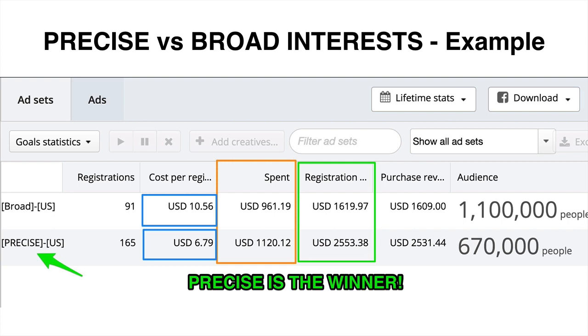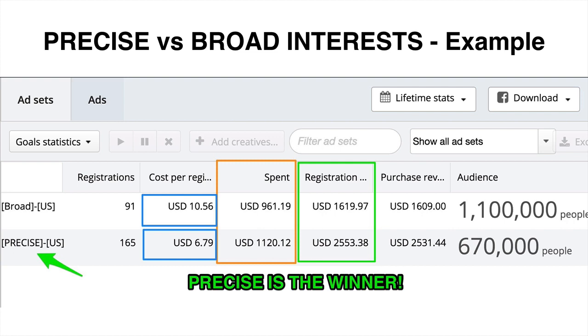Where it says registration in the green box, that's how much money I've made, okay? So I've spent $961 on the broad campaign, and I've made $1,600. So that leaves me with about $700 profit, okay? $700 profit. That's good. I'm not crying. I'm not complaining, right? That's good.